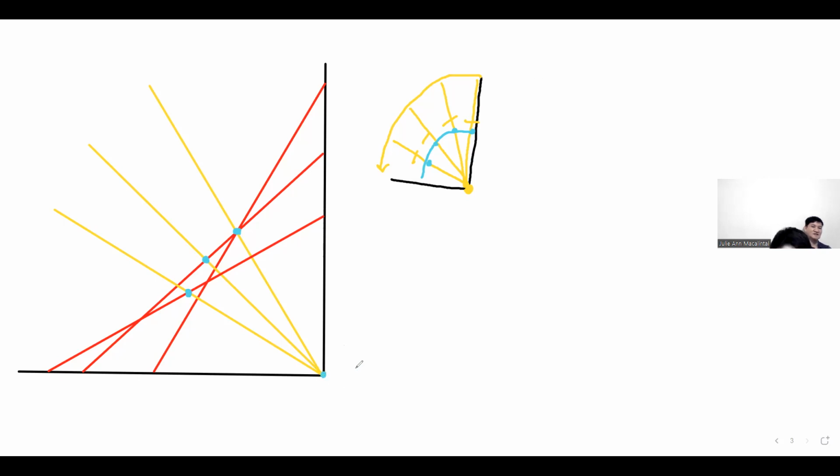This point. So both of them will travel the same path essentially.